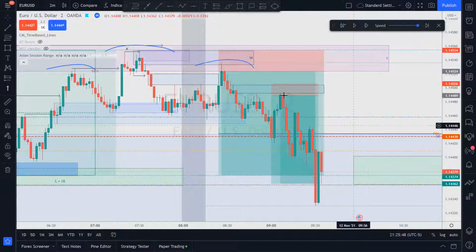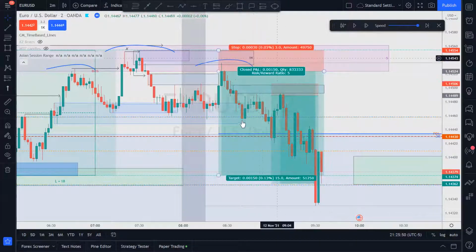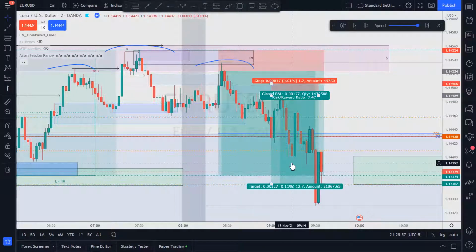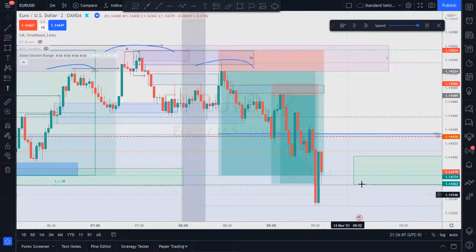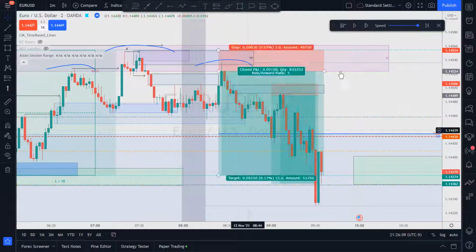But that's the way that played out. Between the two, I took partials at 3R and left the runners to run 20%. Both of them were 20% after I took out 80% after 3R on both of them. So you do the math on that.